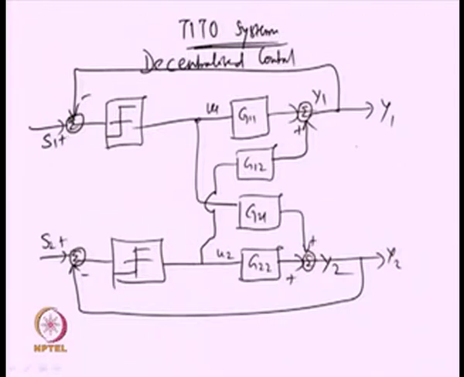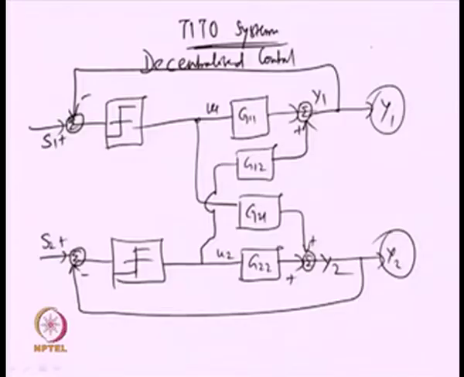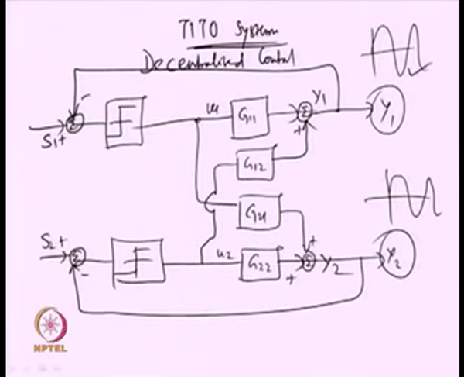So, initially what is done? Basically, the output signals are measured. The output signals will be sustained oscillatory signals, so they can assume different forms like this. Now, if the loop interaction is sufficient, then the frequencies of the output signals y1 and y2 could be different.